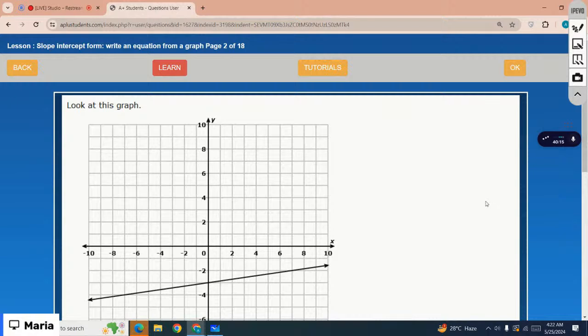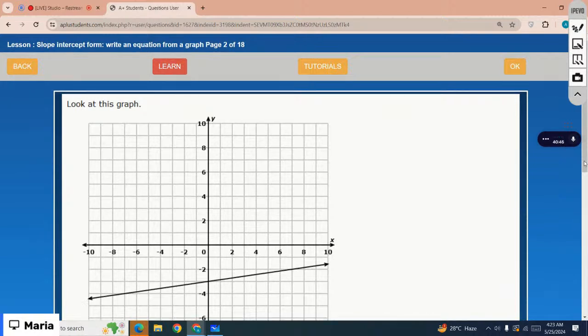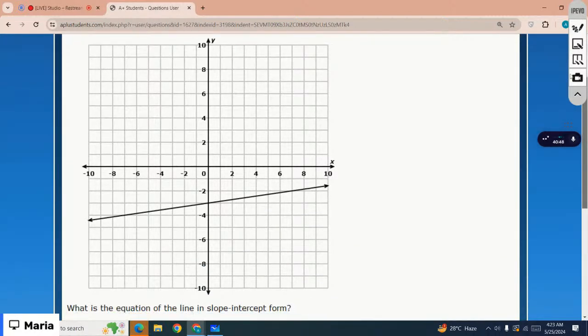Okay, look at this graph. So let's just calculate the slope and the y-intercept, right?